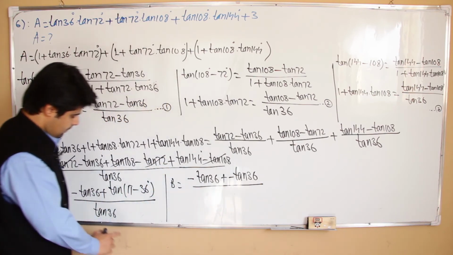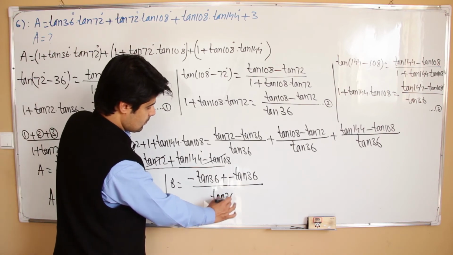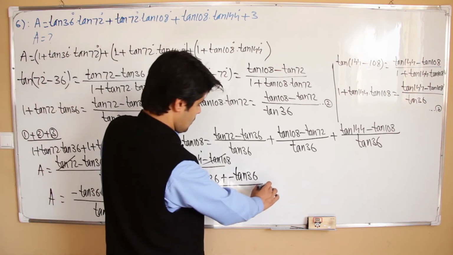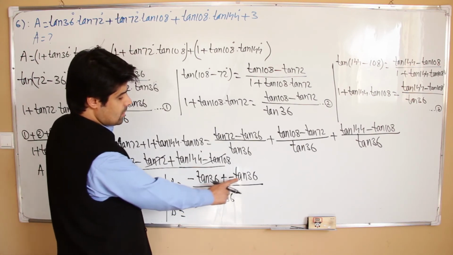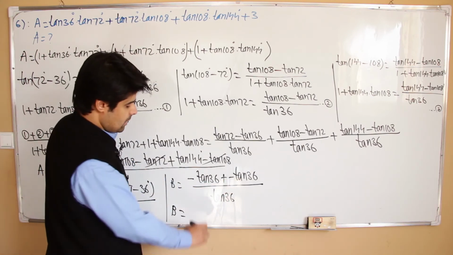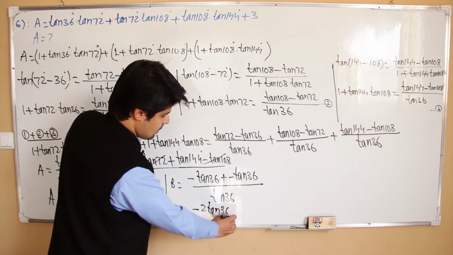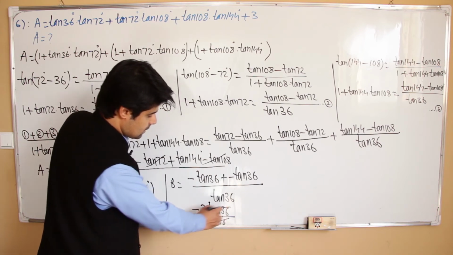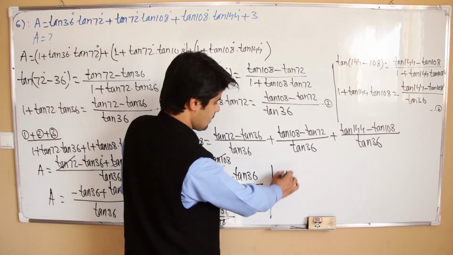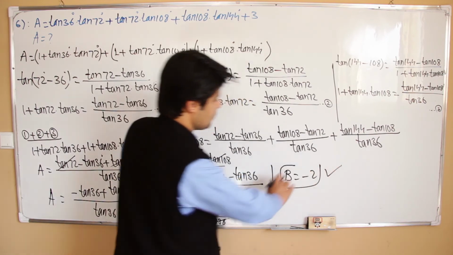Divided by tangent 36. So B is equal to minus tangent 36 minus tangent 36, which is minus 2 tangent 36 divided by tangent 36. So this is cancelled. Our answer is B is minus 2.